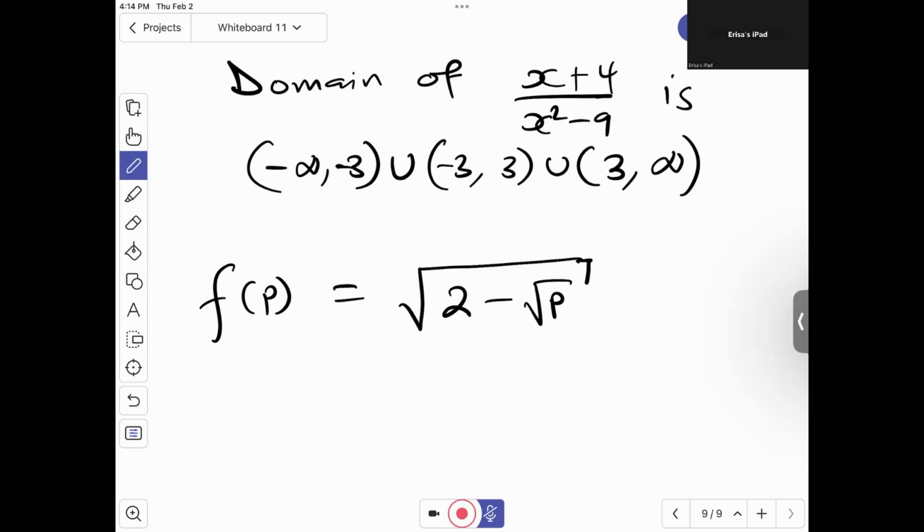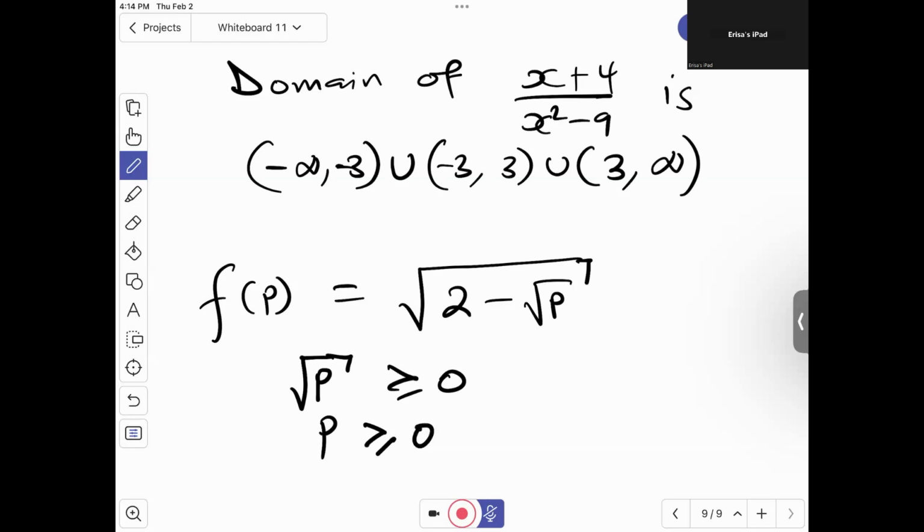So we want the square root of p to be greater or equal to 0. If you square both sides, we want values of p that are greater or equal to 0.